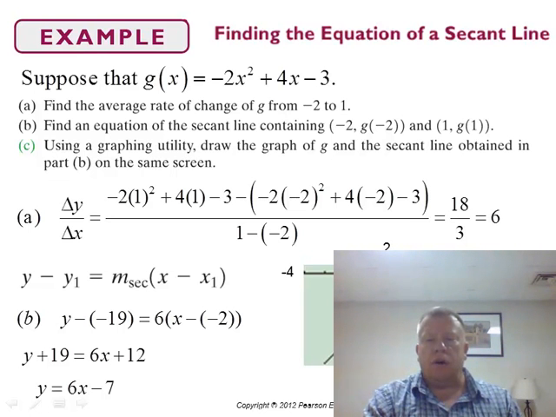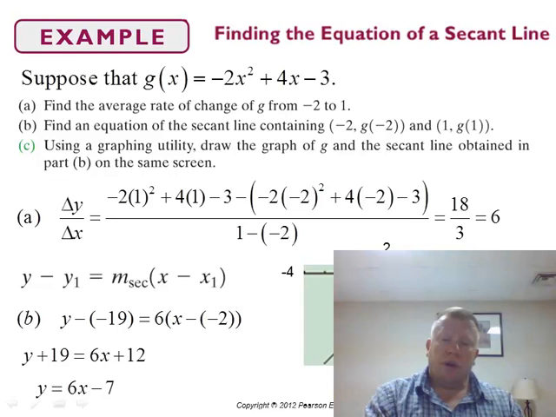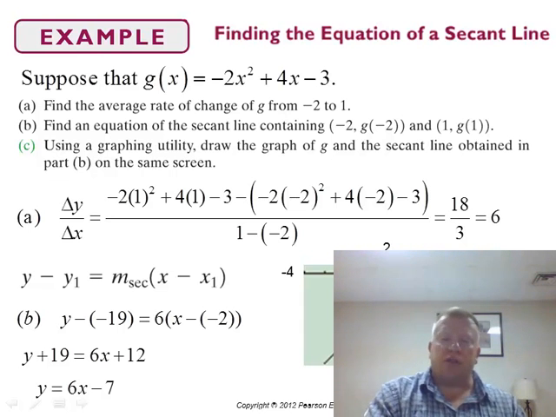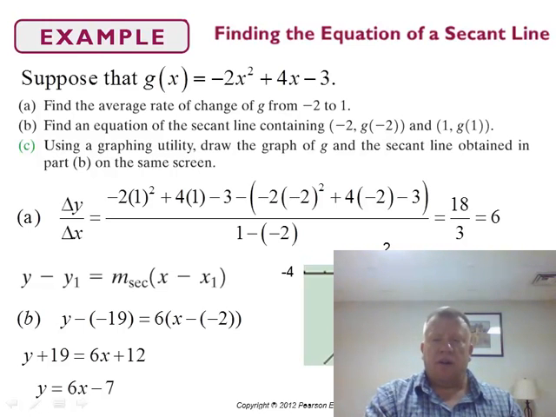But as you go from left to right, the steepness becomes less and less steep, and that instantaneous slope of the curve becomes more and more shallow until it gets pretty much 0 when you hit x equals 1. So the rate of change for the function itself changes over time on the interval from -2 to 1. But the overall average rate of change is 6.